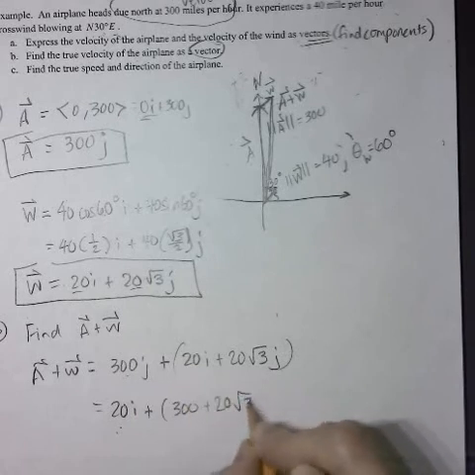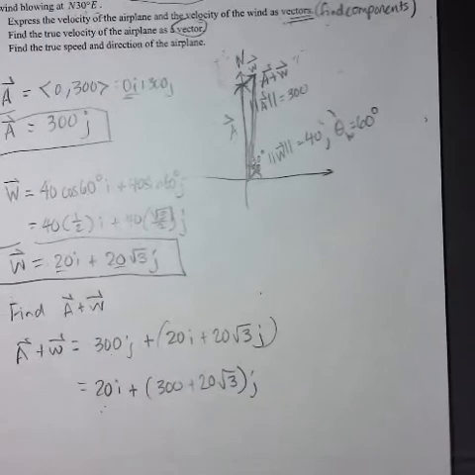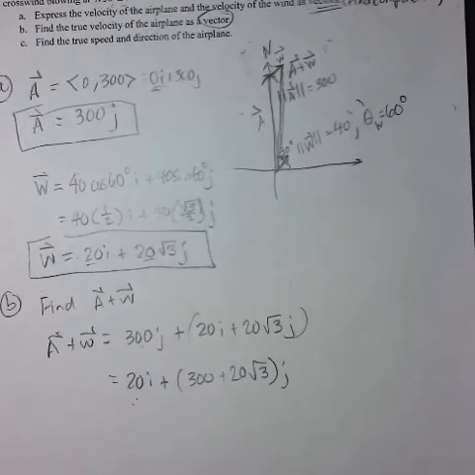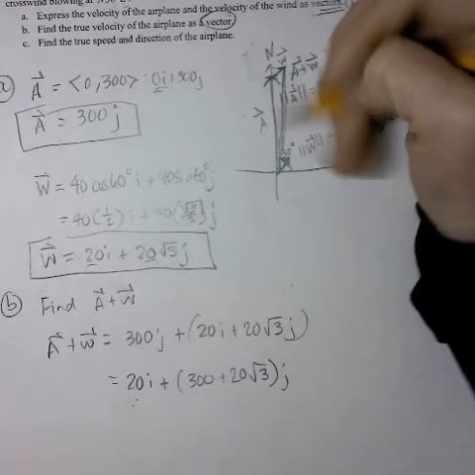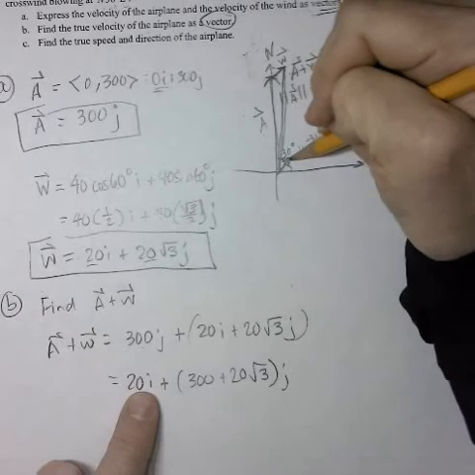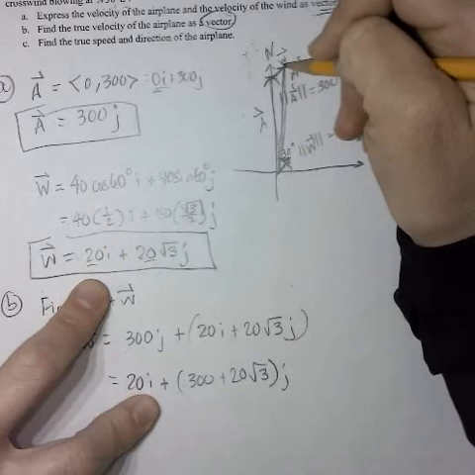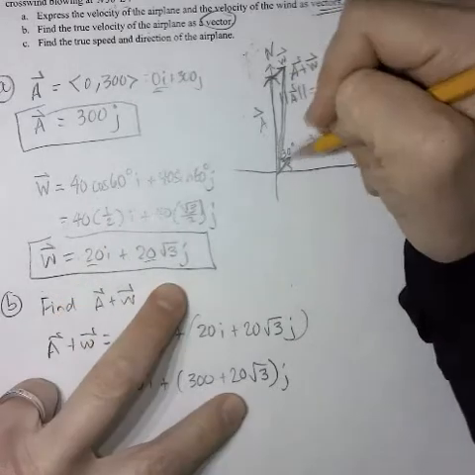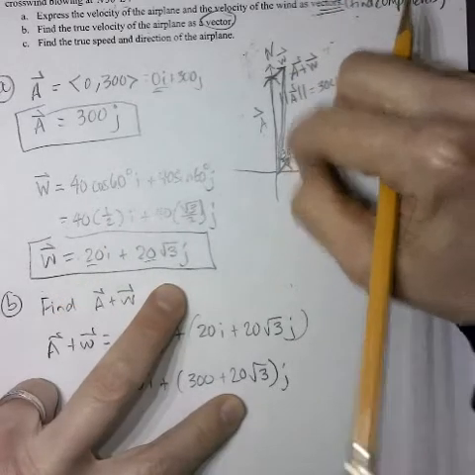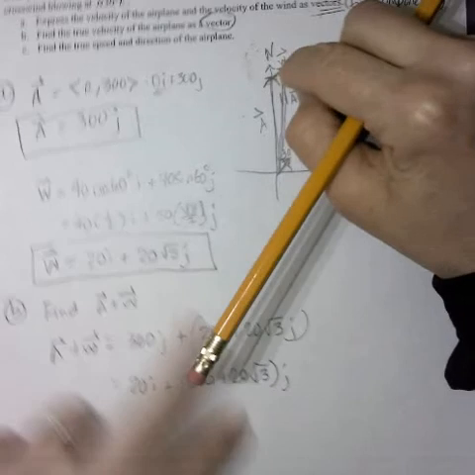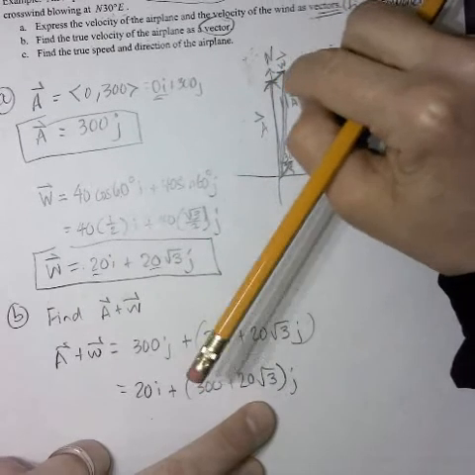Those aren't like terms, I can't simplify that, but I could approximate. Notice the horizontal component's the same, right? That was the wind, original wind, but then the vertical ends up being the 300 plus the vertical component of the wind.